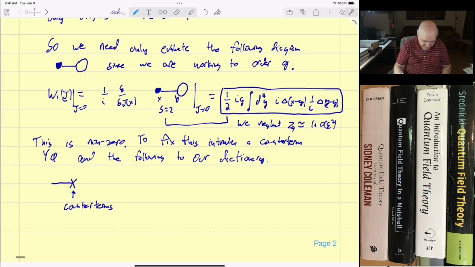And the mathematical expression here is i times y times the integral of d^4y. So this is the space-time point y, just a single line. Okay, so this is our y counter term.